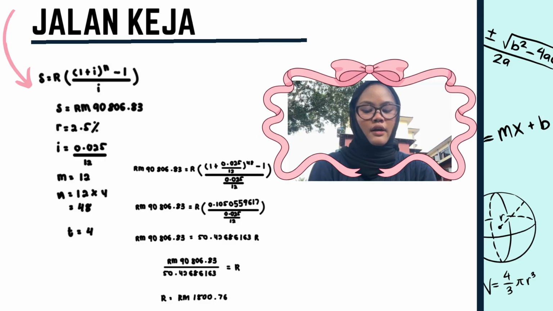The answer will be RM 9,806.83 equals R bracket 0.1050559617 divided by 0.025 divided by 12 bracket.